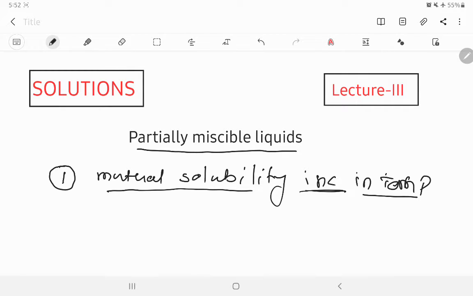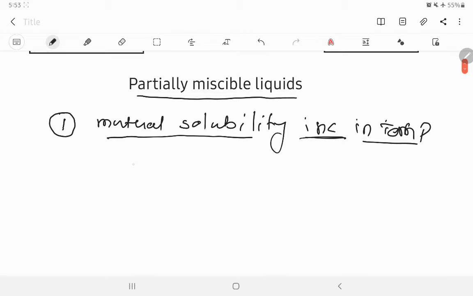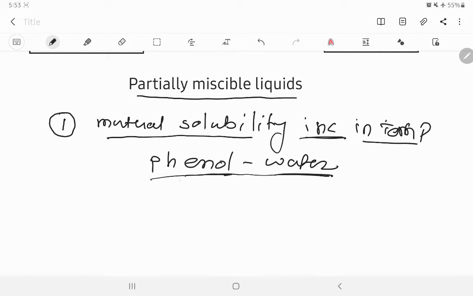From that we have already seen the phenol water system. At room temperature or at low temperature, if we take phenol and water, there is a formation of two layers.